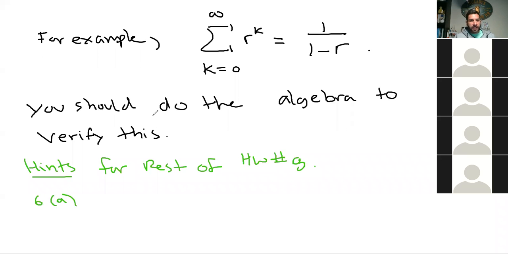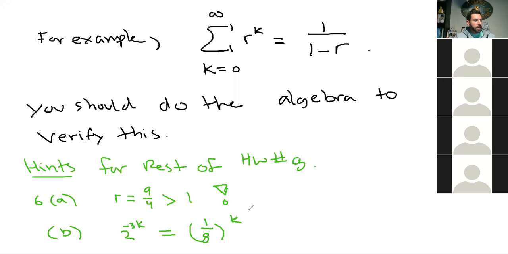For 6A, r equals 9/4. 9/4 is clearly greater than 1. What about for B? Well, the hint for B is there's another way to write 2 to the -3k. When you were in elementary algebra class, you learned exponent laws, and this is the same thing as 1/8 to the power k.